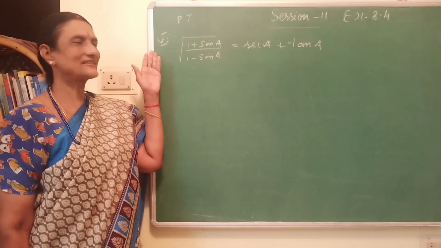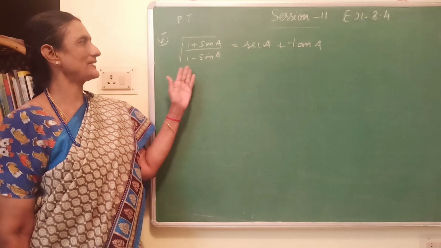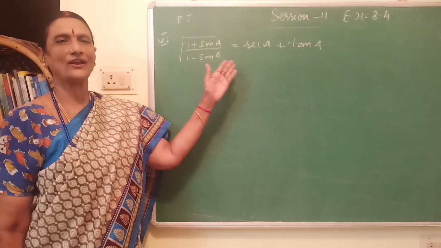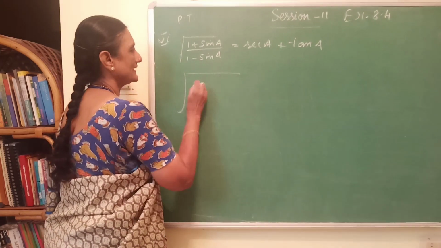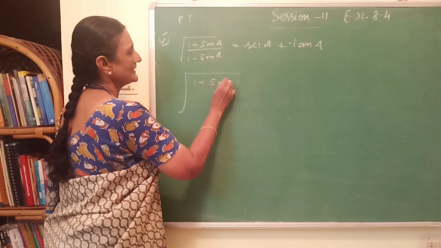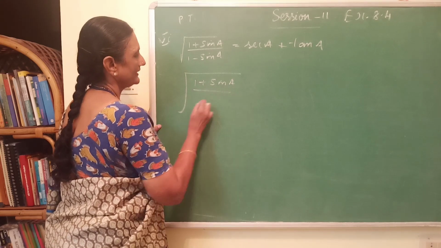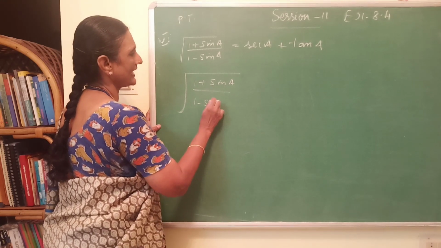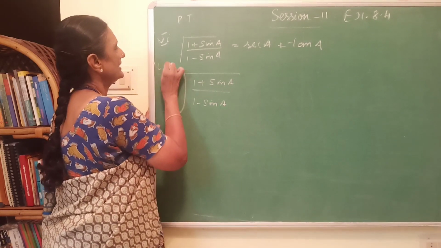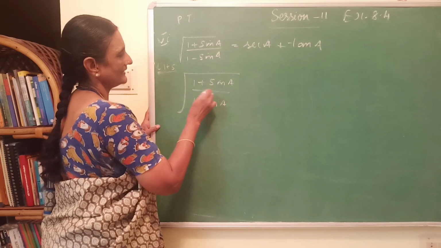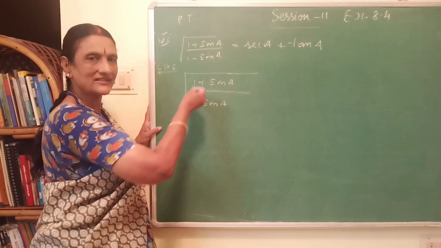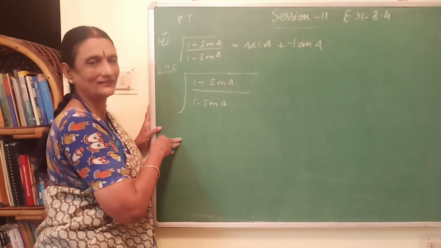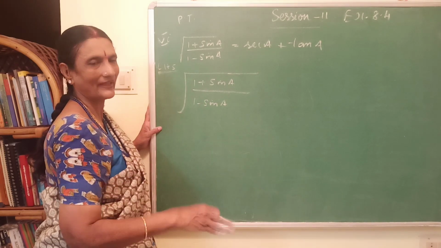We will do the sixth sum, square root of 1 plus sin A divided by square root of 1 minus sin A. Now this is 1 plus sin A divided by 1 minus sin A. As usual, first we have to simplify the LHS. Now whenever you get terms like this, inside the square root, the conjugation technique will help.